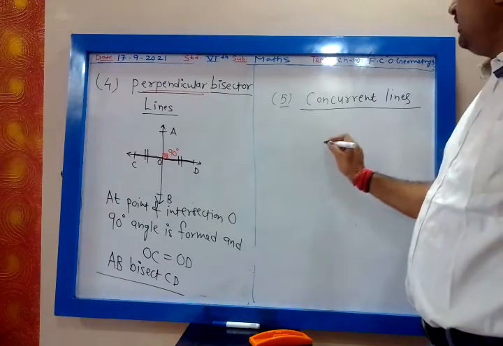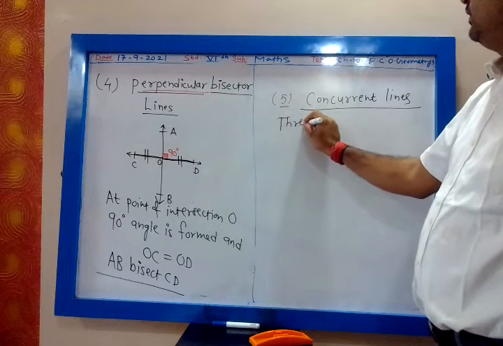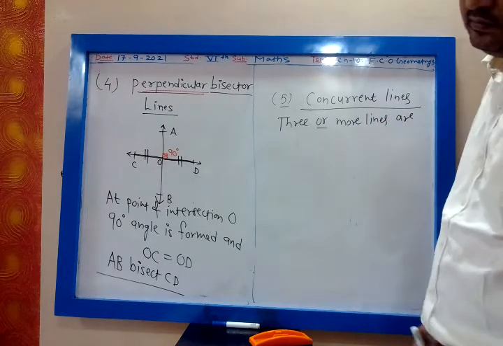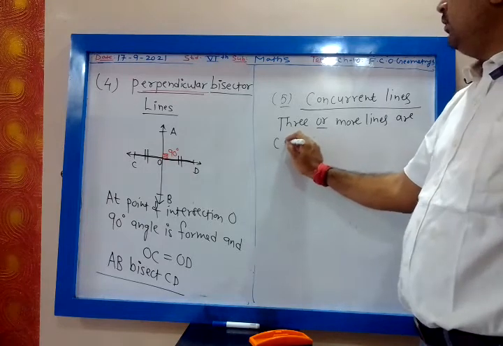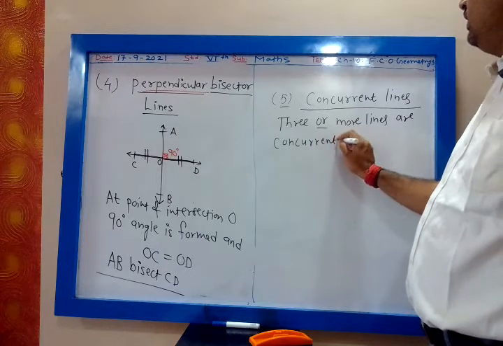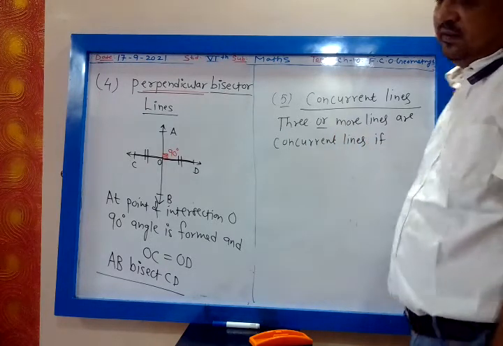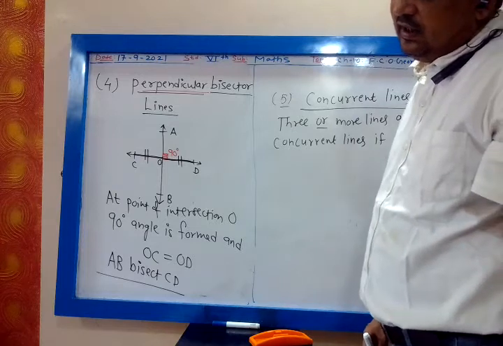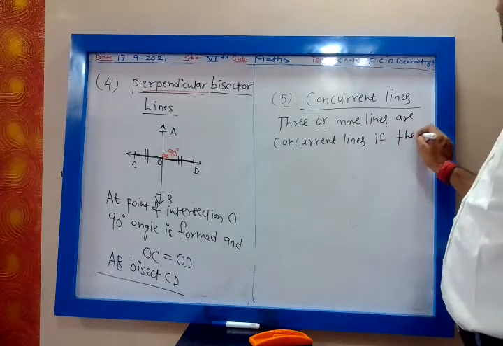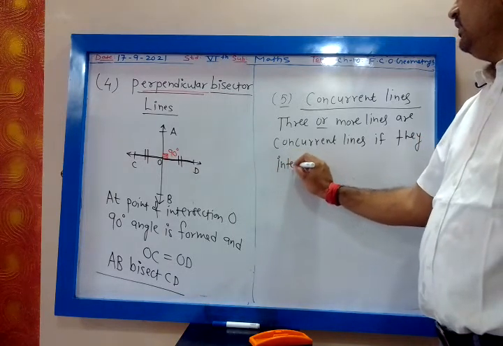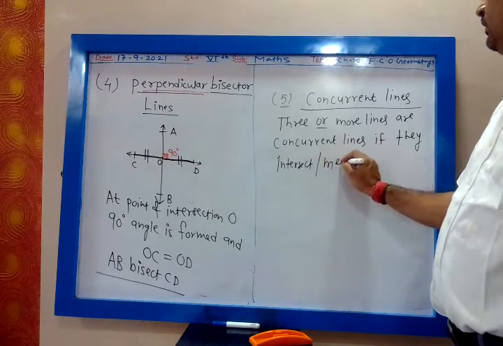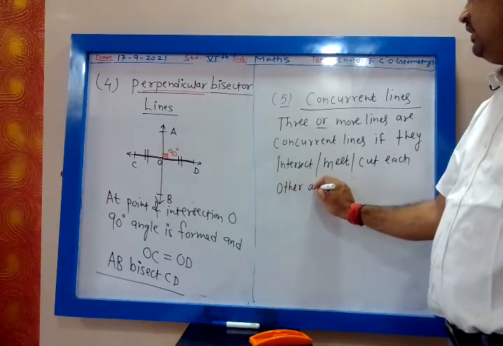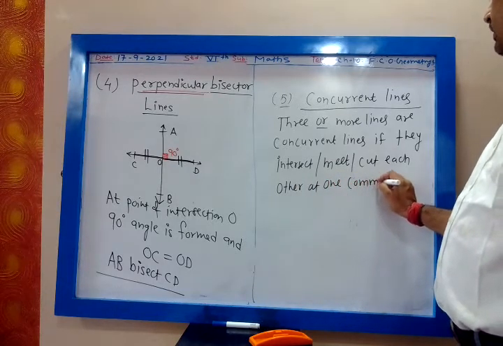So write down: three or more lines are concurrent lines if they intersect, meet or cut each other at one common point.